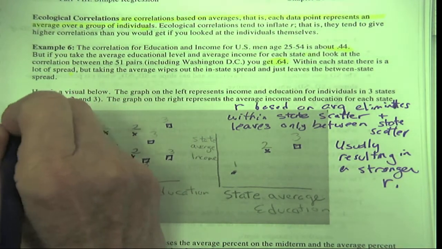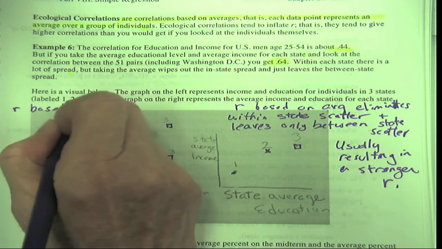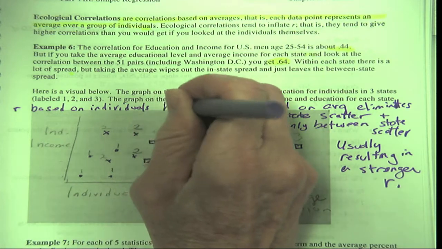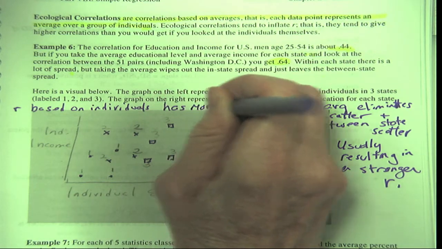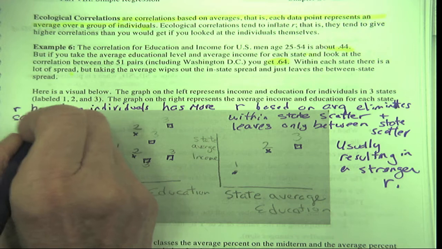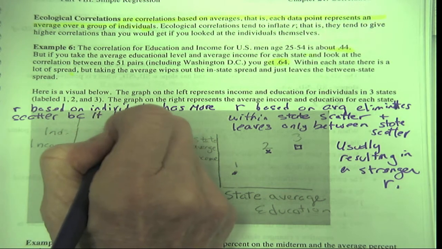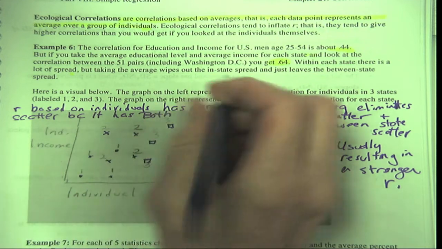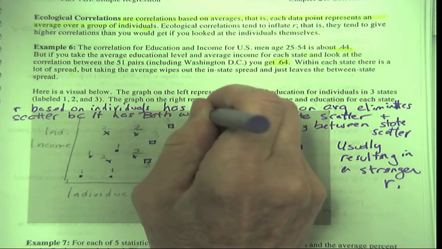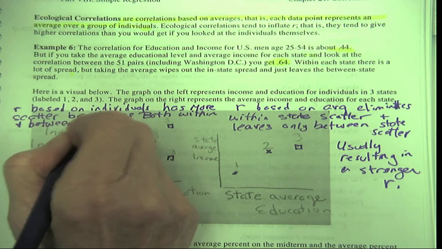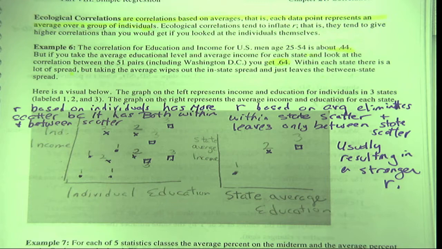So here, R based on individuals has more scatter because it has both the within group and the between group scatter. Okay, so that's the point.